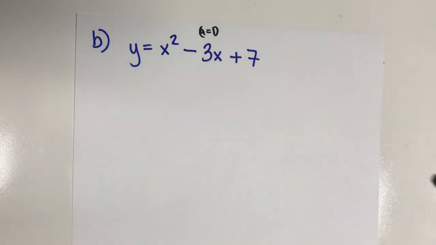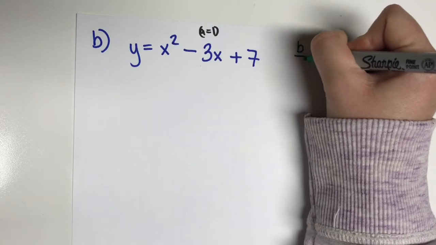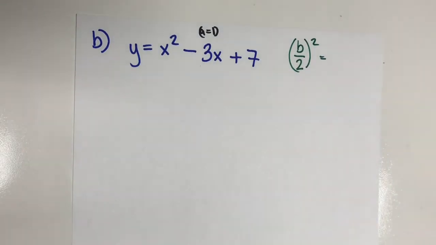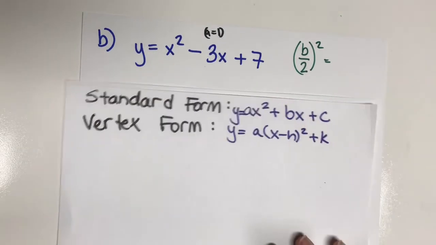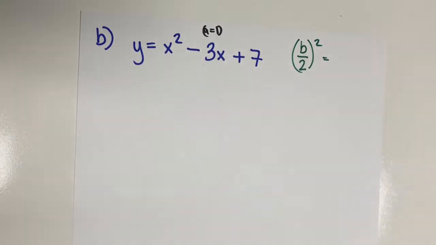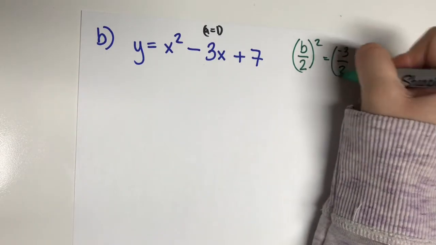I'm going to use the same strategy as in the other question. I'm going to take my b divided by 2 and then square it. In this case, my b is the negative 3.